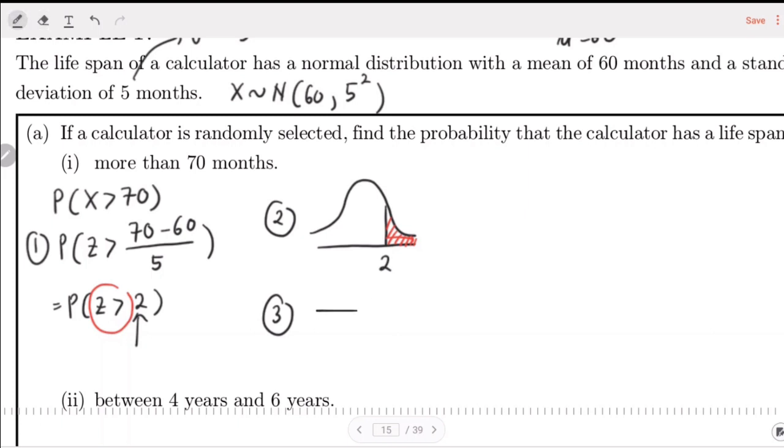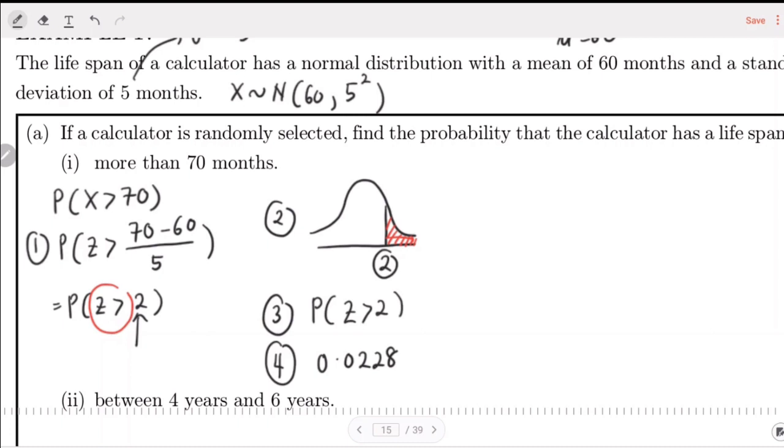So it's just going to be probability Z greater than this value. And then the last step is to take a look at the standard normal table. So if you take a look at the standard normal table, you're going to get the answer is 0.0228. That is for the first one.